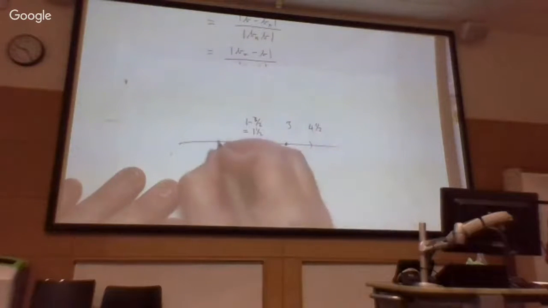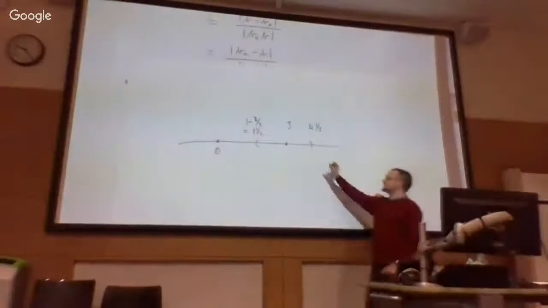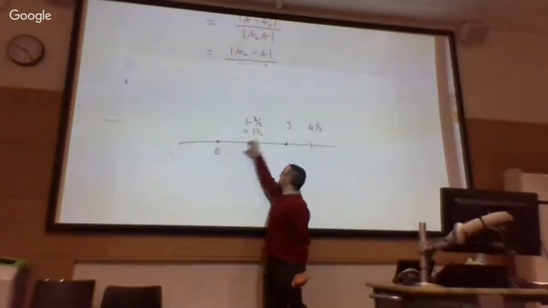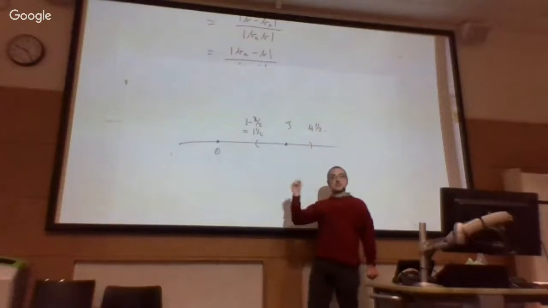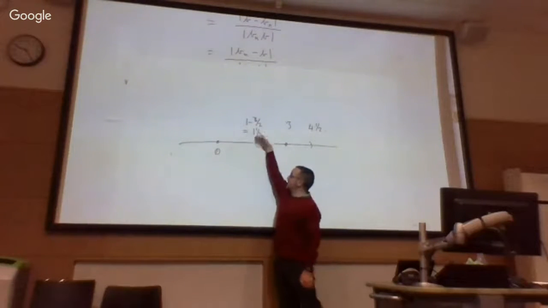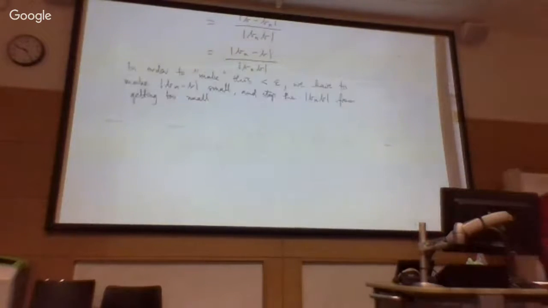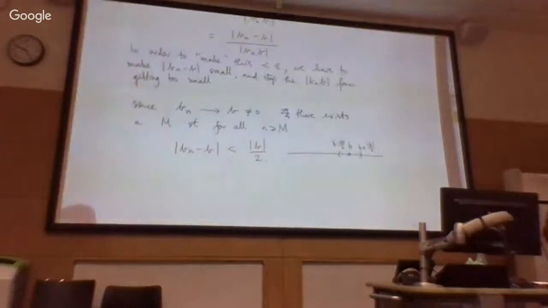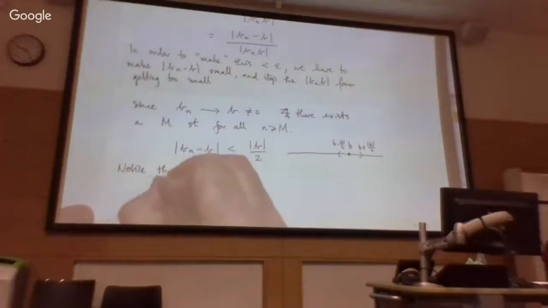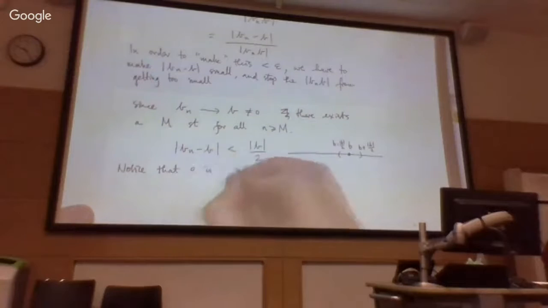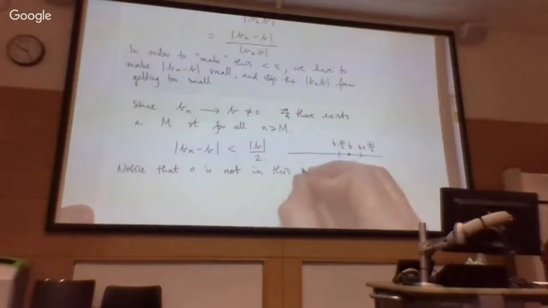But the point is 0 is forced to be outside of that interval, because we've chosen the radius of the interval to be half of the distance between the center point and 0. If I choose that radius to be half of this distance, I know I'm excluding 0 from the interval. So that is why I've chosen this. Notice that 0 is not in this interval around B.